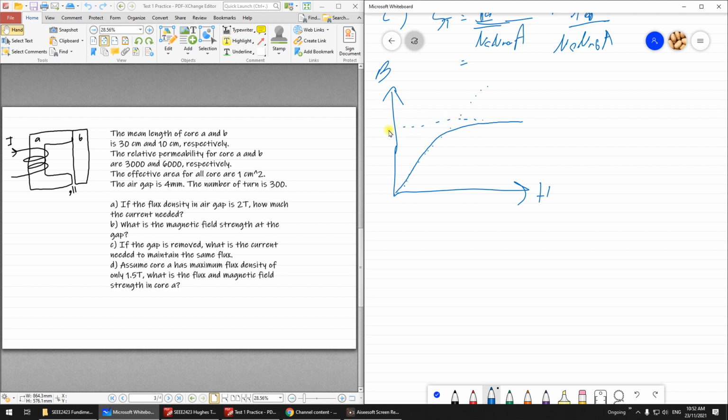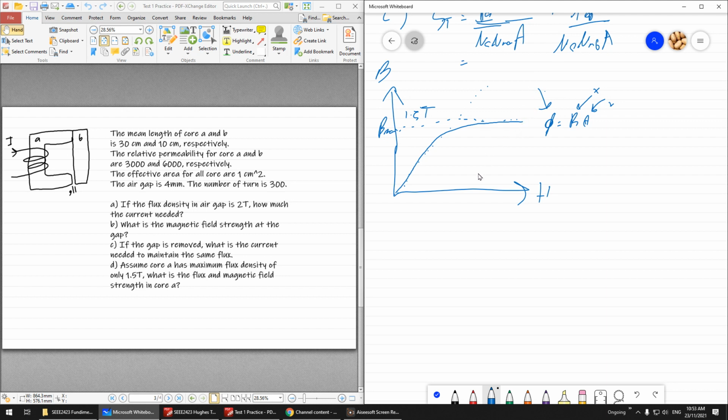This is called the B max. So assume that the flux density is only 1.5 T and you cannot increase it more. If you increase it more, the flux is equal to B A, right? A does not change, so B does not change, because it's already saturated. So flux remains the same.